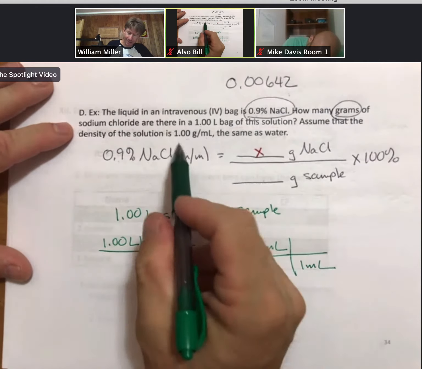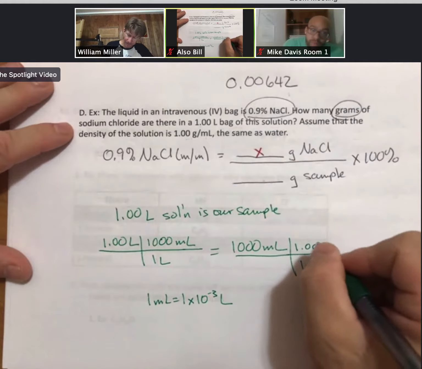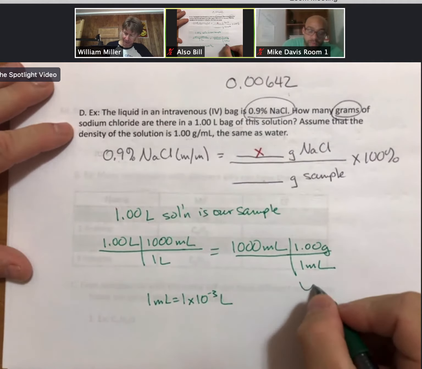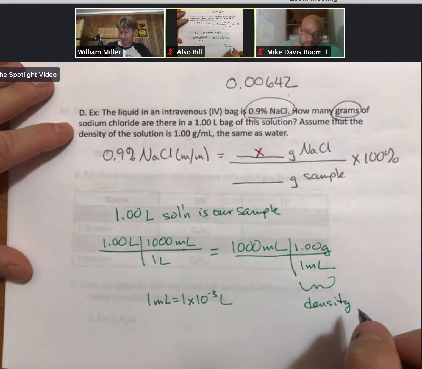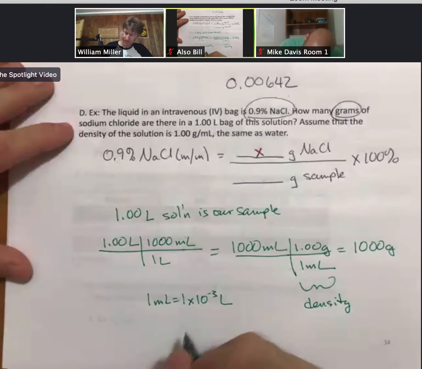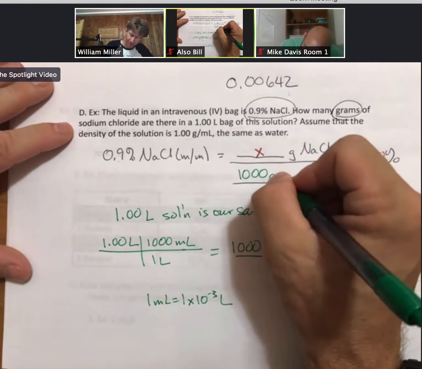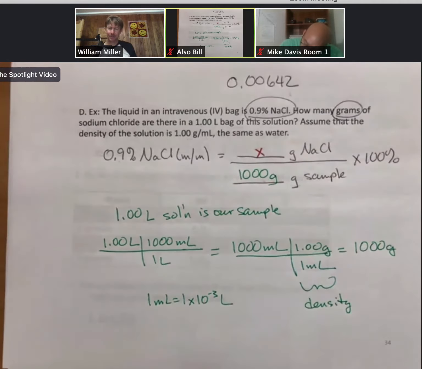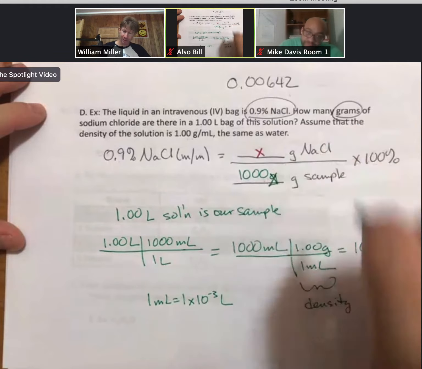The density of the solution is 1.00 gram per milliliter, and so this is the density. And I get 1,000 grams. And I can put my 1,000 grams in here. Oop, I wrote my grams twice accidentally. I'll cross out this one so there's only one.